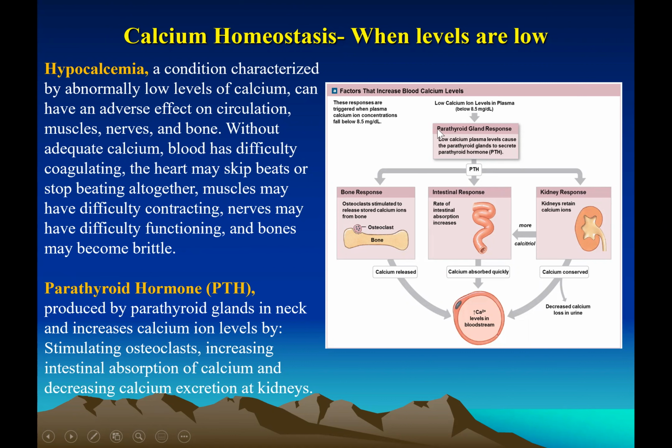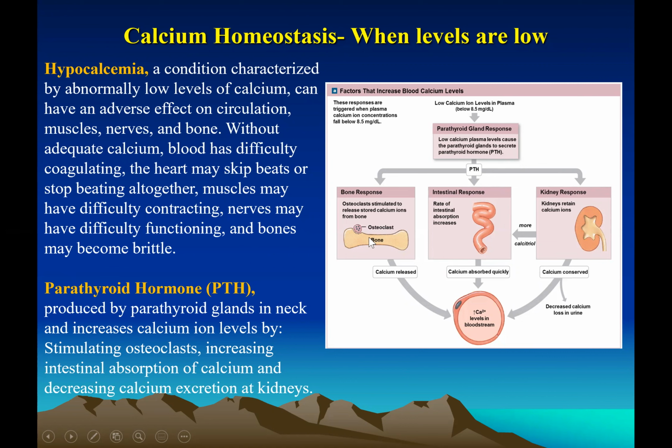So the main hormone that plays a role in bringing up the calcium level is the parathyroid gland hormone called parathyroid hormone. The parathyroid glands detect the low calcium levels, and the parathyroid hormone will work on your intestines, asking for an increase in the rate of absorption of calcium. It will act on the kidneys, asking the kidneys to conserve calcium.